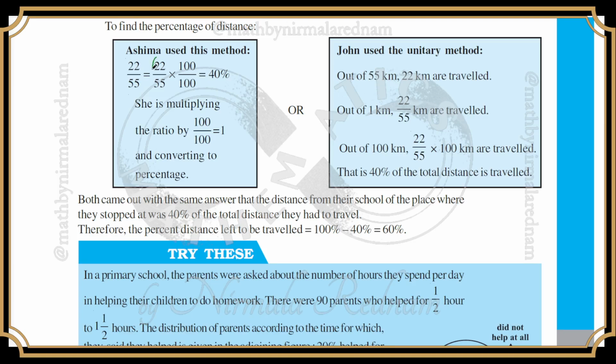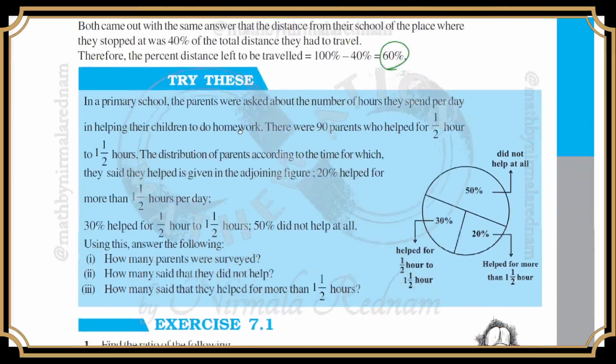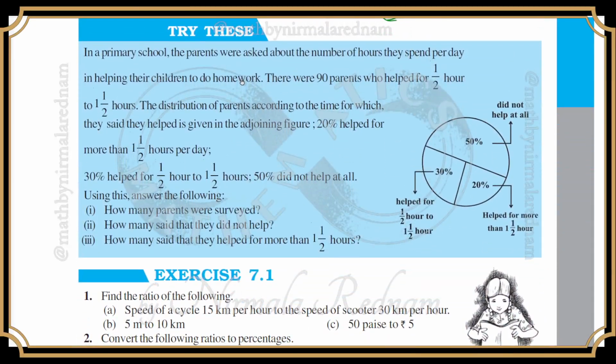Simply 22 by 55 into 100 is what is going to give you the answer. 22 by 55 is 2 by 5, into 100 is nothing but 40%. So that is how you will calculate the percentage. And the remaining is 100 minus 40, so the answer will be 60. So this is somewhere you can understand how the percentages are calculated.